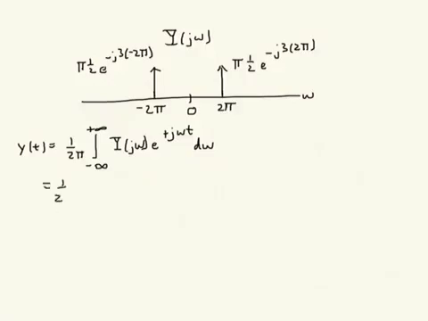So it'll be 1 over 2 pi, the integral from minus infinity to plus infinity of pi times a half e to the plus j 6 pi delta of omega plus 2 pi e to the j omega t d omega.